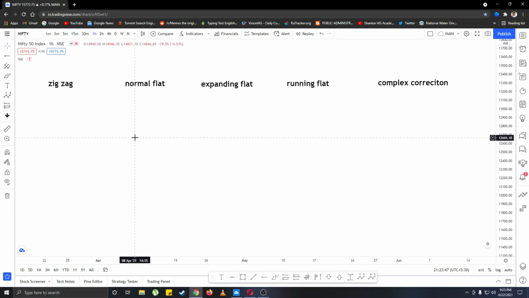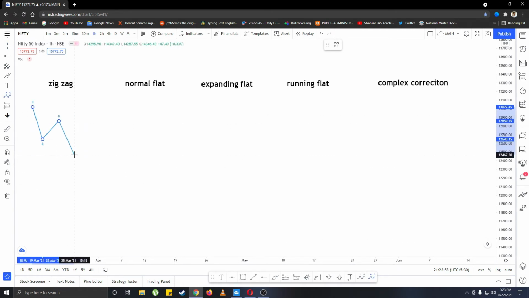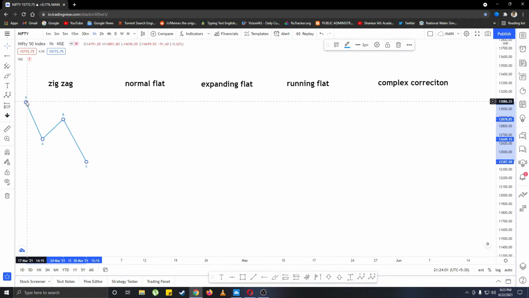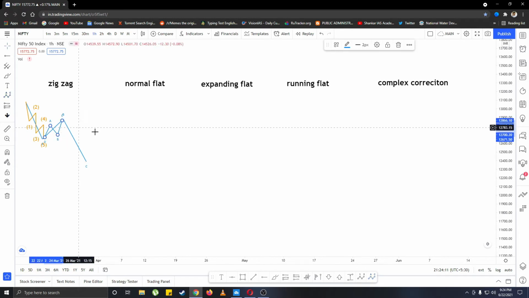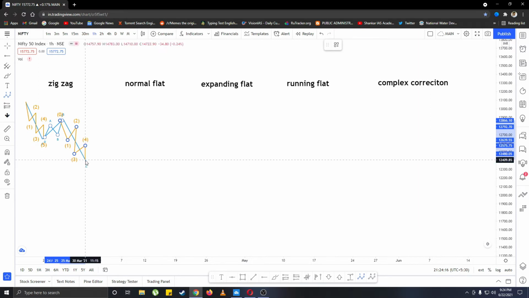Now a zigzag correction is an A, B and a C simple correction. In this, wave A and wave C are motive waves, and wave B is a corrective wave. So its internal structure will look something like this: A, B, 1, 2, 3, 4, 5, and an A, B and a C, and then a 1, 2, 3, 4 and 5.